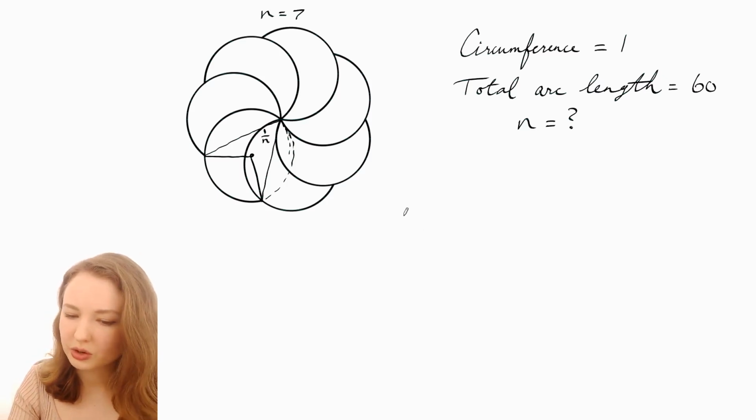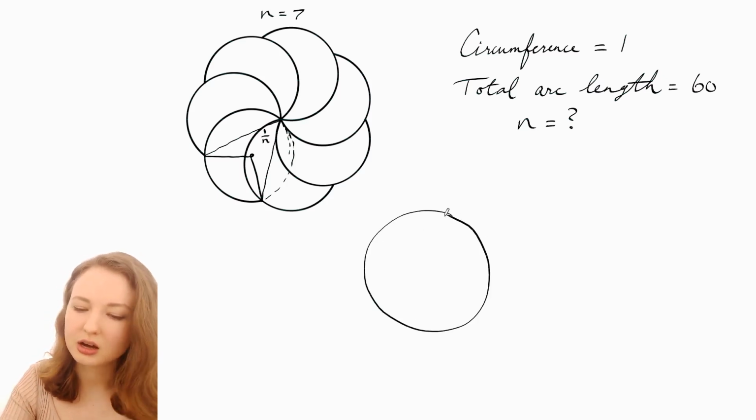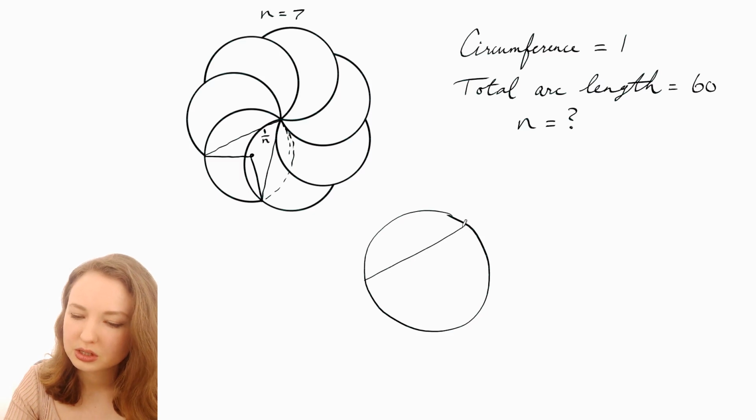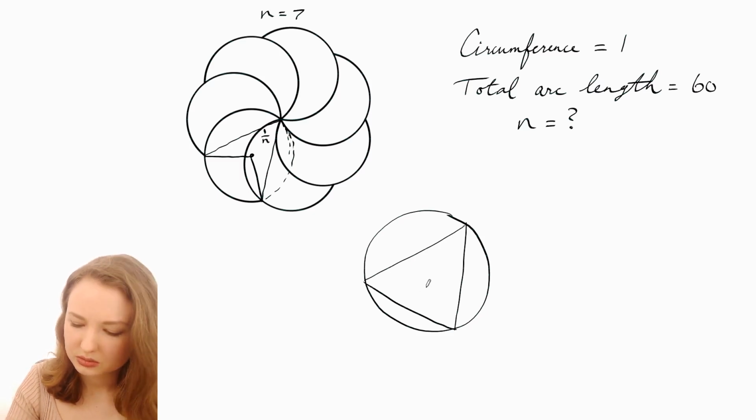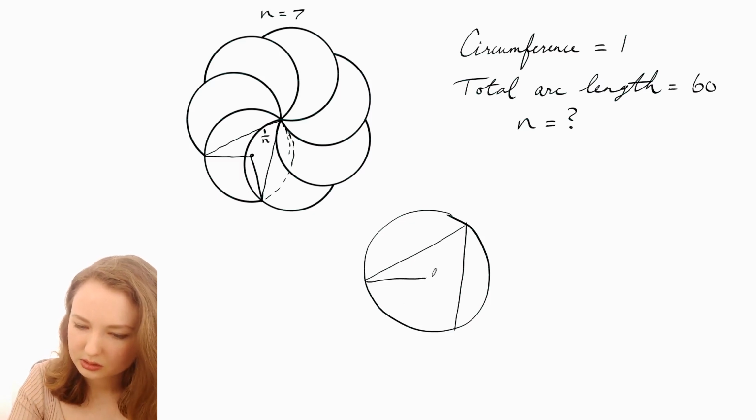If you didn't know that, it's not that hard to work out. We know this angle, let's call that alpha and that beta. That's the same as that because they're both radii, so this is isosceles, that means that has to be alpha, similarly that has to be beta.